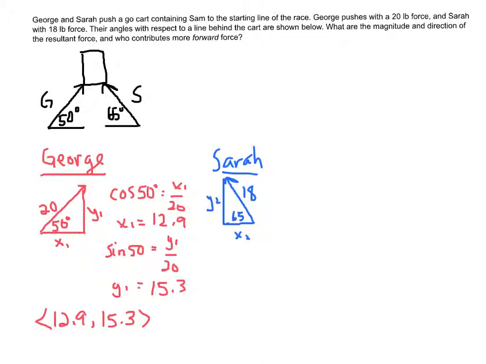The same idea as what we did with George, we're going to do the cosine of 65 degrees, and that's going to equal x2 over 18. And for the y component, we're going to use sine, because the y is the opposite of 65 degrees. Sine of 65 equals y2 over 18.